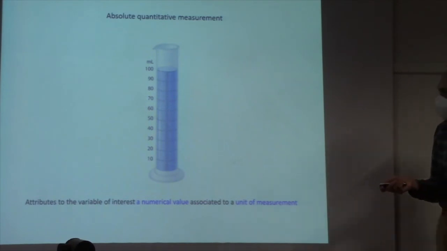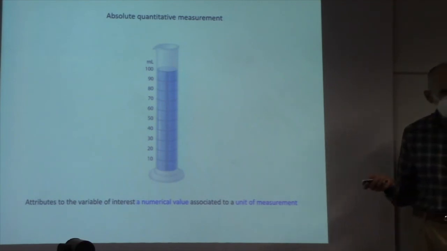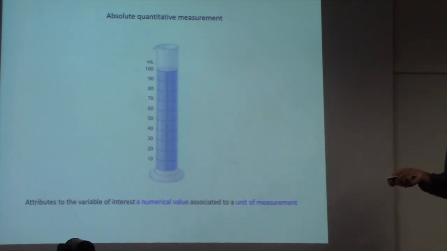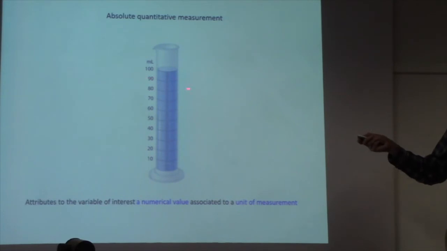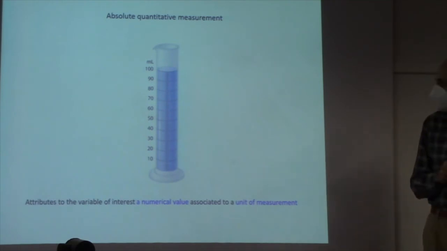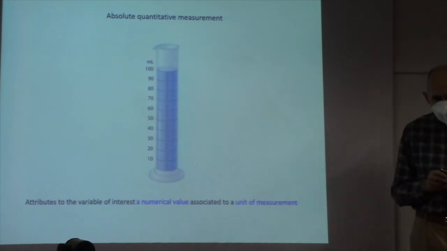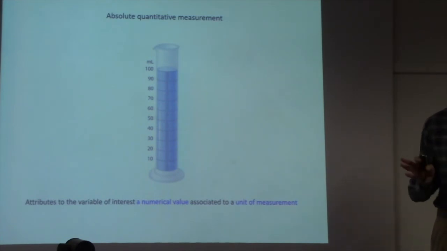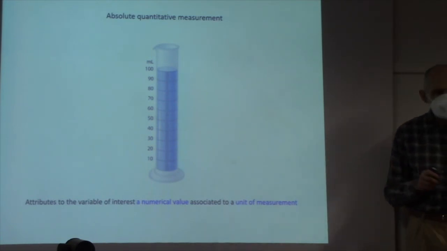So, if we use a cylinder to measure the volume of some fluid, we get a number, say 100, associated to a unit of measurement, milliliters. All right, so is that clear enough?